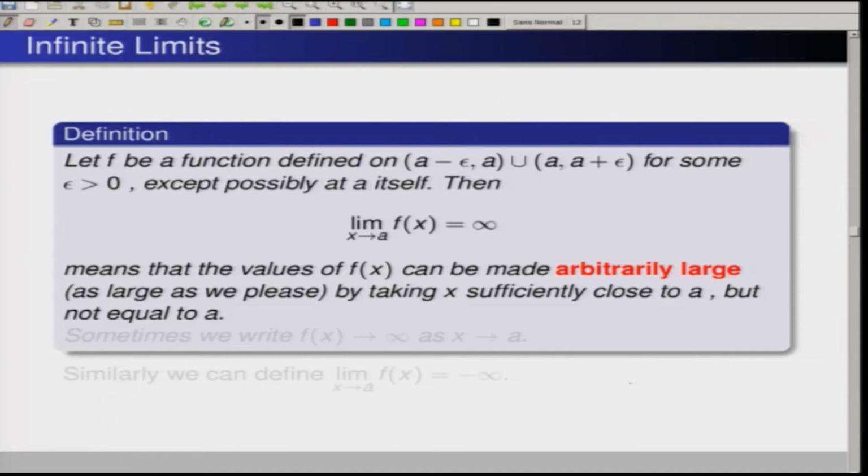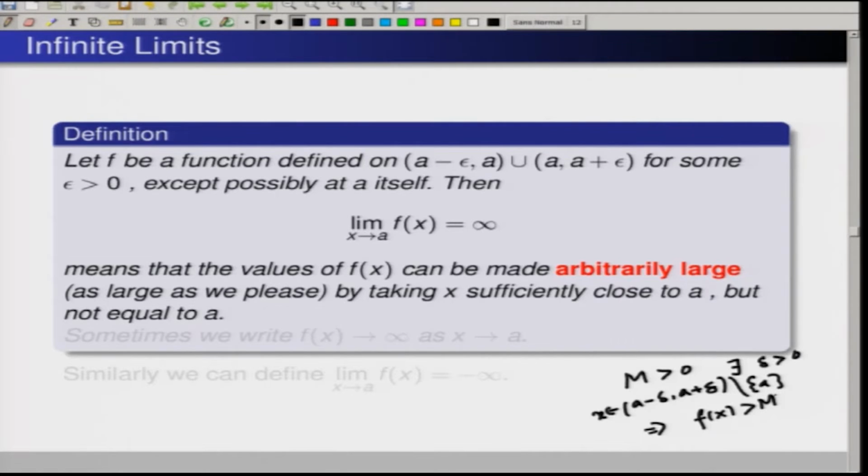In other words, for any given positive M there exists a delta greater than 0 such that if x belongs to (a minus delta, a plus delta), except possibly a, then f of x is greater than M. That is what arbitrarily large means.